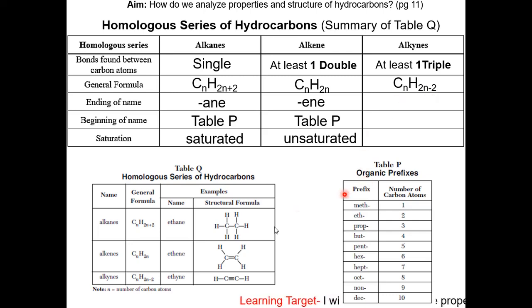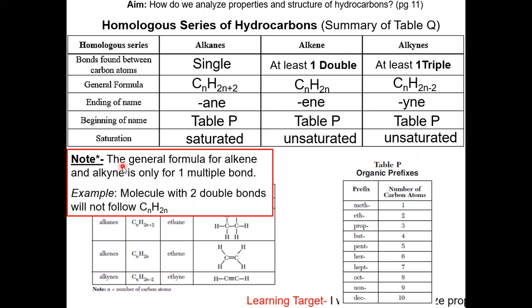The ending of the name, if you look at the example, is yne, Y-N-E. For the beginning of the name, you have to look at Table P for the organic prefixes. For saturation, alkynes are unsaturated hydrocarbons. Keep in mind the general formula for alkenes and alkynes is only for one multiple bond. For example, a molecule with 2 double bonds will not follow the general formula of CnH2n.